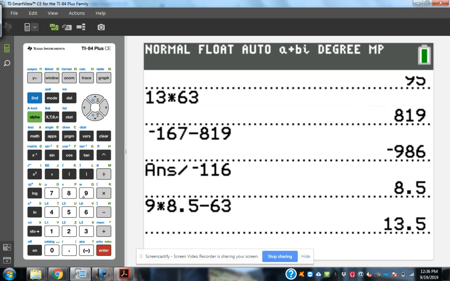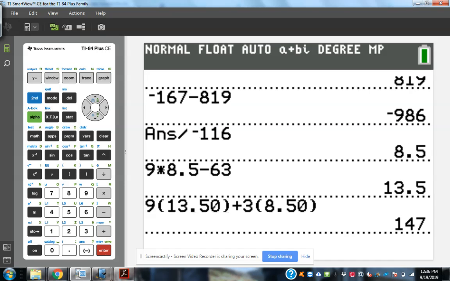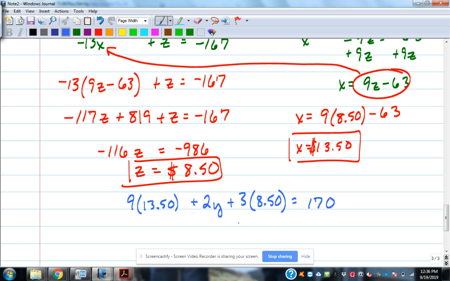So I know I'm going to put 9 times 13.50 plus 3 times 8.50. 147. So 2y plus 147 is equal to 170. So that's just simplifying all that work there.